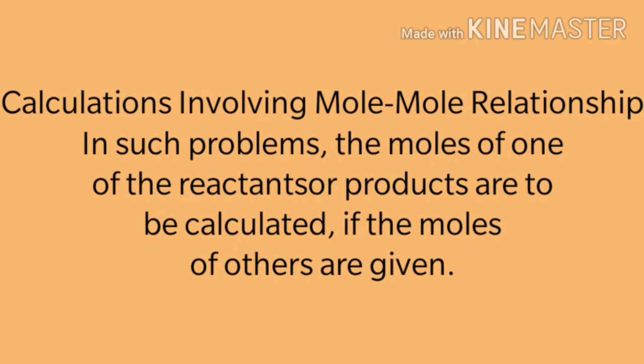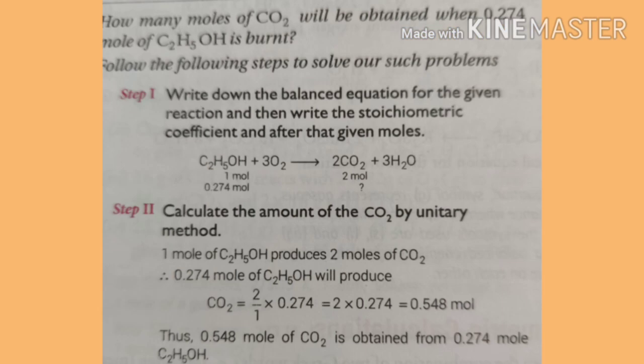For this, I am taking one example: how many moles of carbon dioxide will be obtained when 0.274 moles of ethanol is burnt. So when we burn 0.274 mole of ethanol, we have to find out how many moles of carbon dioxide will form.